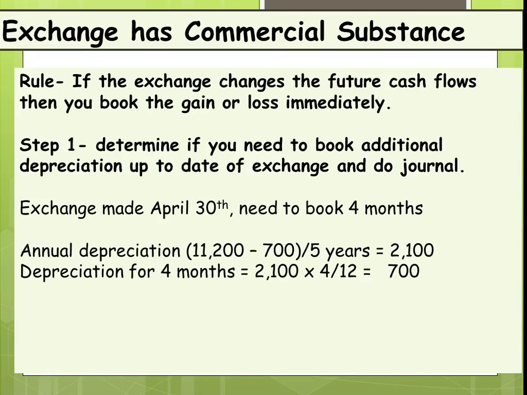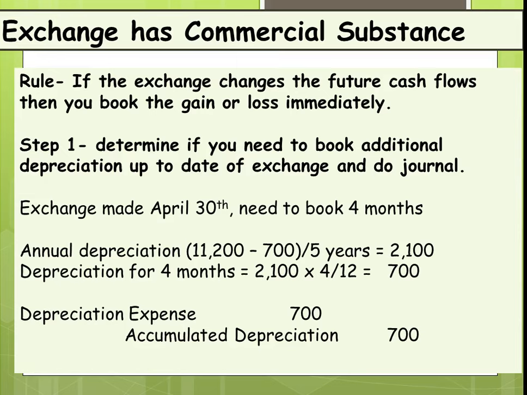We're going to take the $11,200 minus the salvage value divided by 5, which gives us an annual depreciation of $2,100, but we're going to take that times 4/12 to get 4 months of $700, and now we're going to book that depreciation. Now we can look to see, did we have a gain or loss on this exchange?